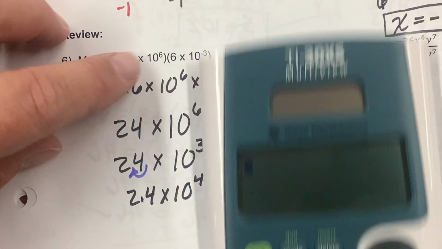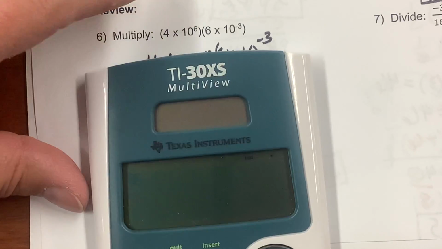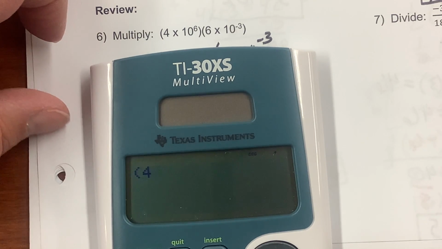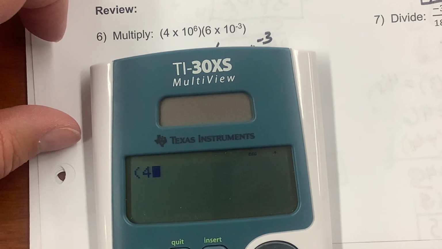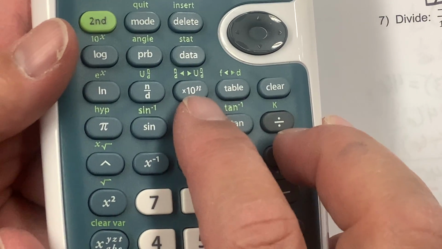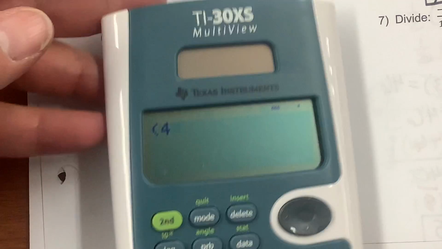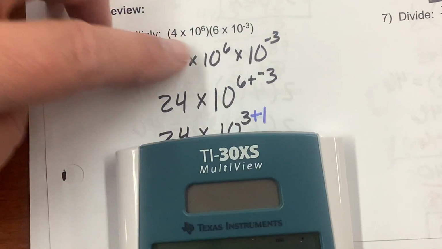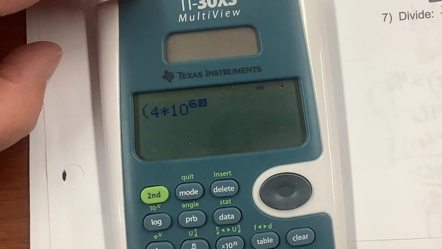Here we go. This is what's going in the calculator, exactly the way it was. Parentheses 4. Now there's actually a button you can press right here. Let me show you. See, times 10 with the little n. N is the exponent. So I'm going to press that button, times 10 to the n, and put in this exponent 6.